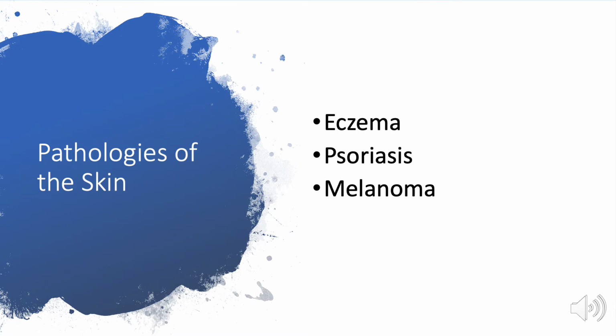The final and most serious pathology of the skin that I will discuss is melanoma. Melanoma is the most serious type of skin cancer and occurs when the skin, especially melanocytes, are subject to DNA damage due to exposure to UV radiation. It is estimated that this year alone, over 192,000 cases of melanoma will be diagnosed in the United States.